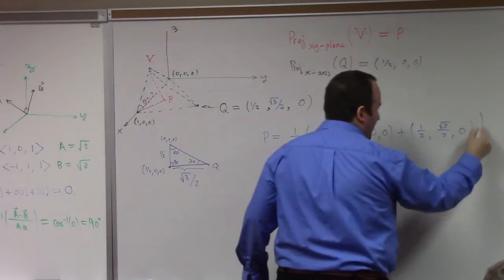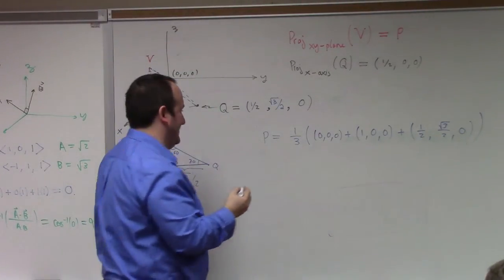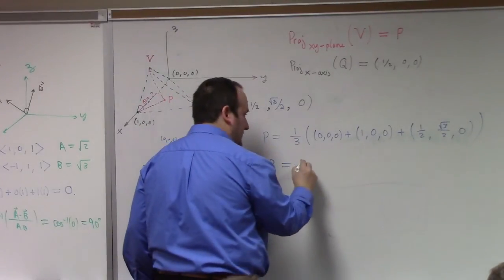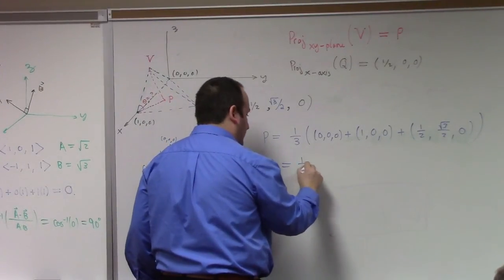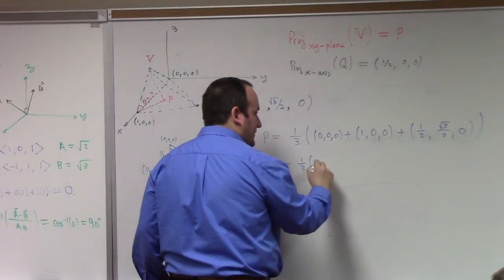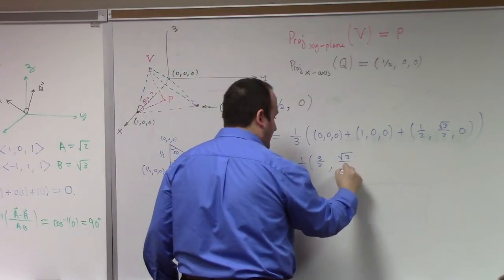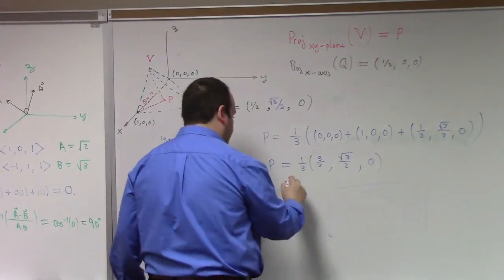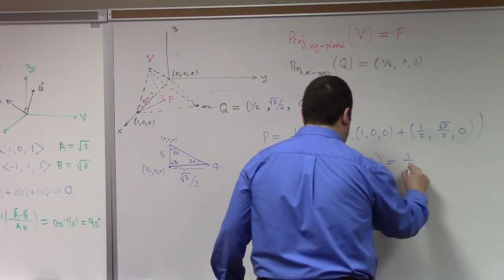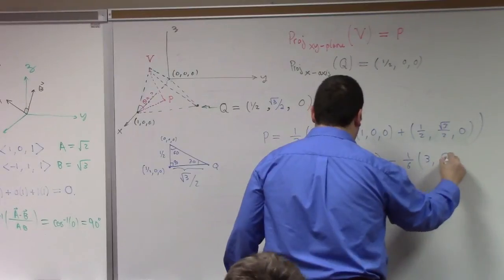This will tell me the coordinates of P. So P is equal to 1/3 of (3/2, √3/2, 0), which you could also write as 1/6 of (3, √3, 0).